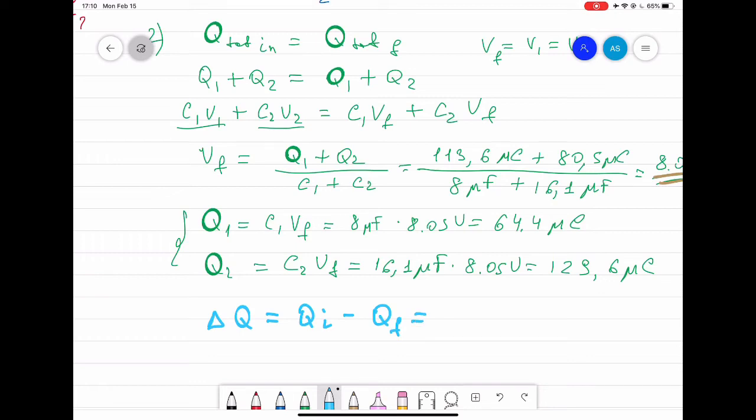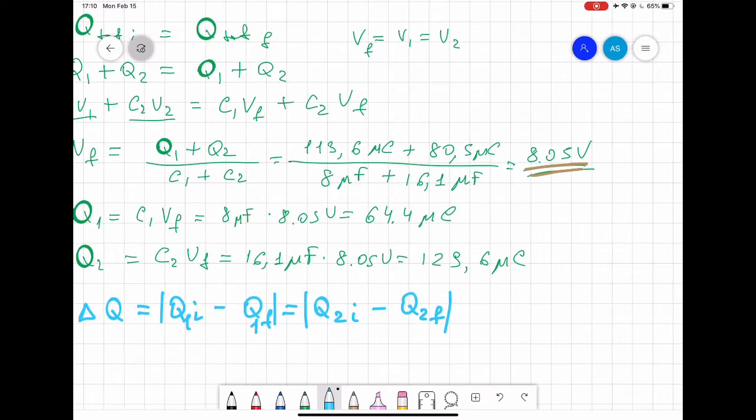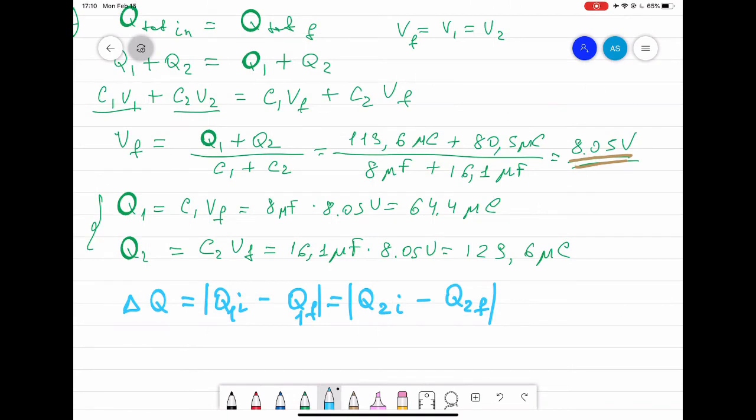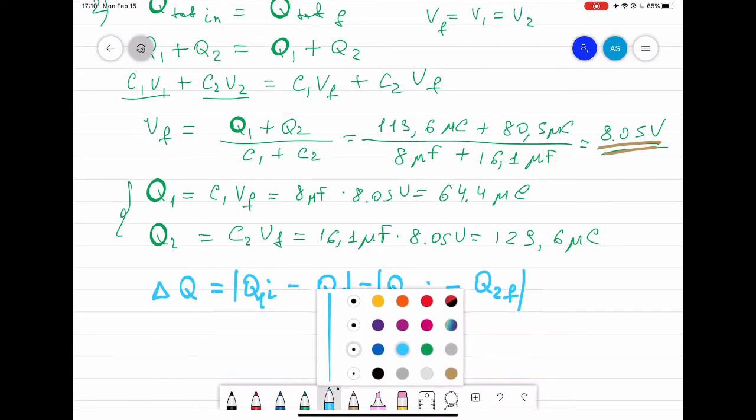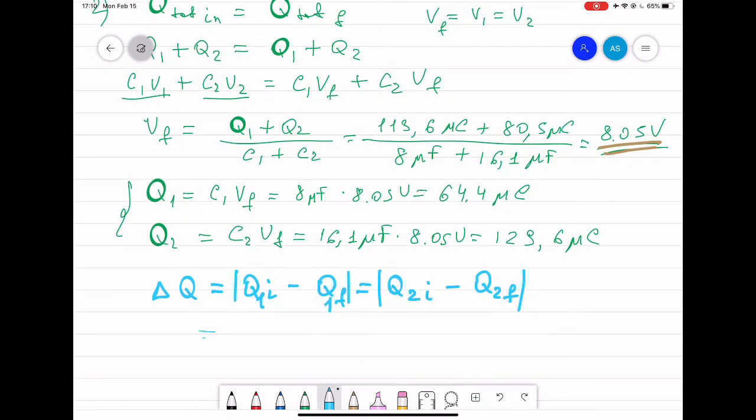Say Q1 initial minus Q1 final, or Q2 initial minus Q2 final; they will give you the same answer.